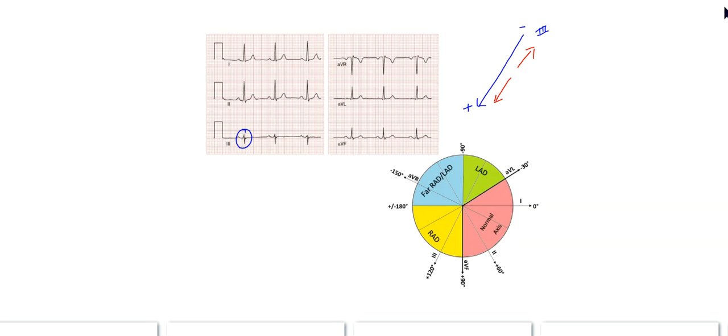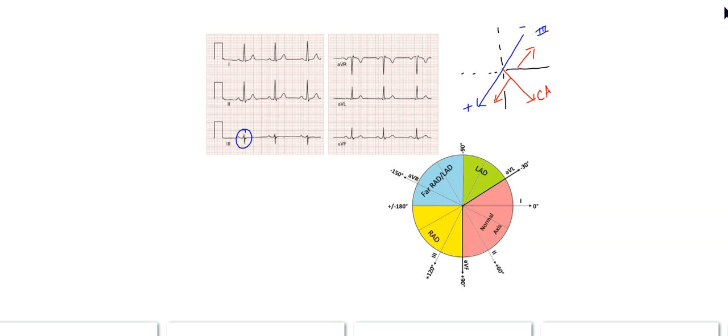So, if you had a normal, let's say your actual cardiac axis is somewhere here. Okay? So if this is your cardiac axis, what would be the component vectors of your cardiac axis? Which direction? North, south, east, west. South and east, right?